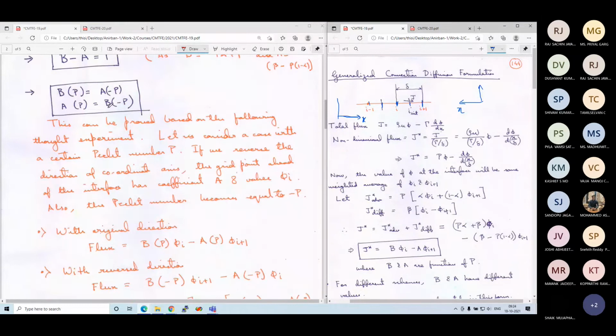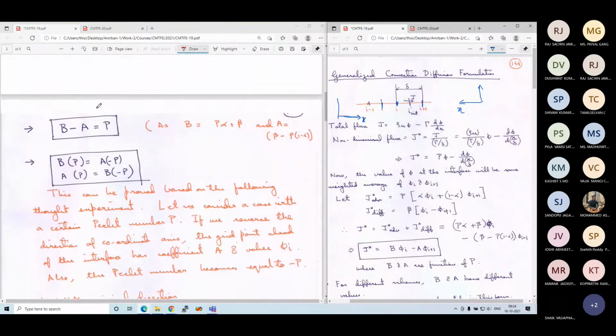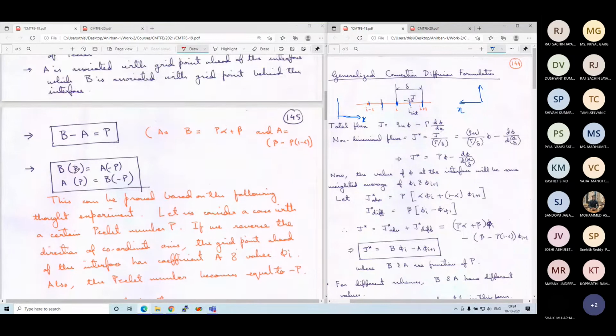Another feature we will notice is that B of P, for positive values of Peclet number, if we know what B is, this is equal to the value of A for negative values of Peclet number. Similarly, if we know the value of A for positive values of Peclet number, we can find out what B is for negative values of Peclet number.